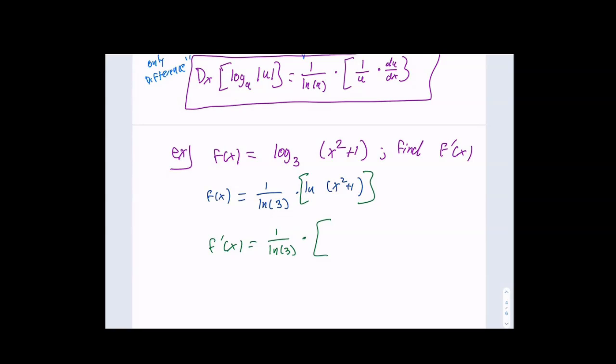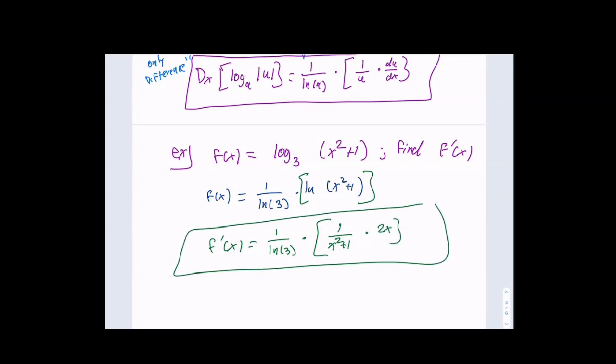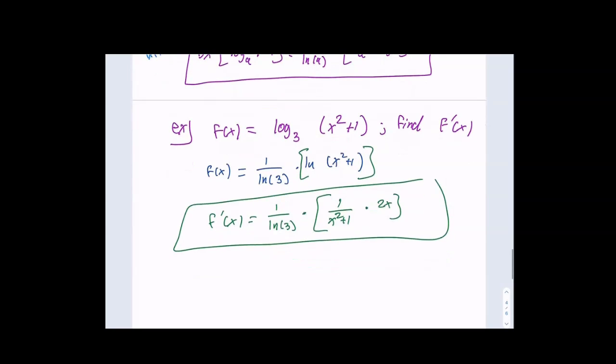What's the derivative of that? 1 over x squared plus 1 times 2x. And that's it. It's the same thing, but it has an extra natural log of 3 in the denominator. So when I clean this up, I get 2x over natural log of 3 times parentheses x squared plus 1.